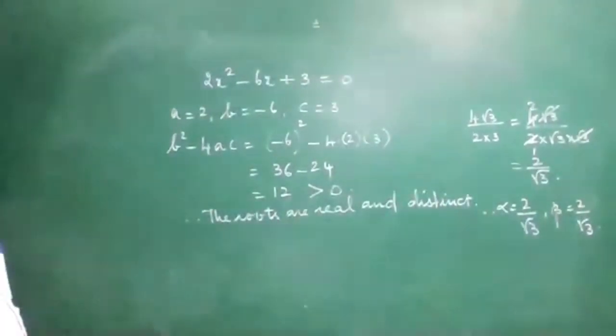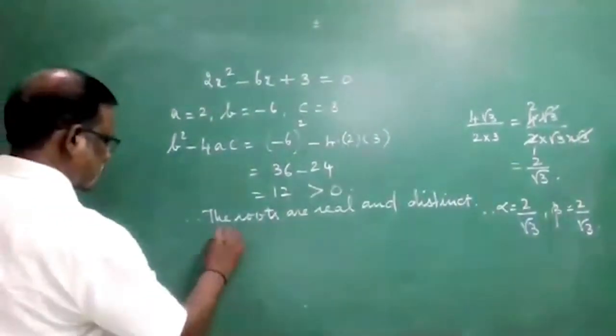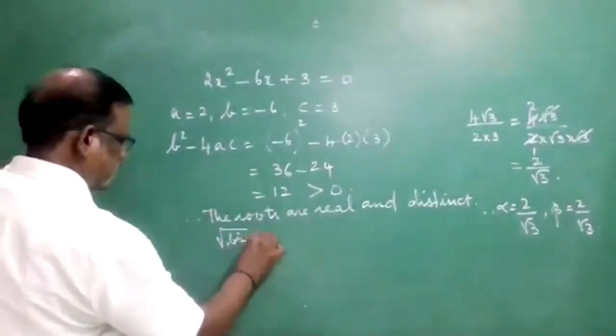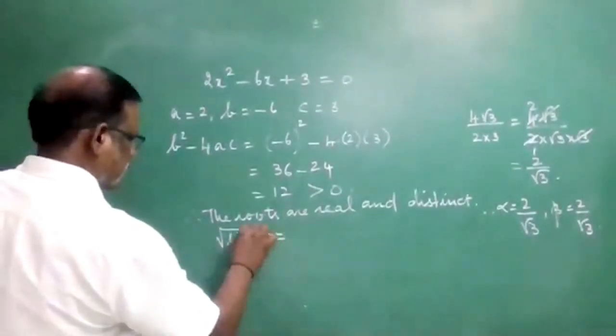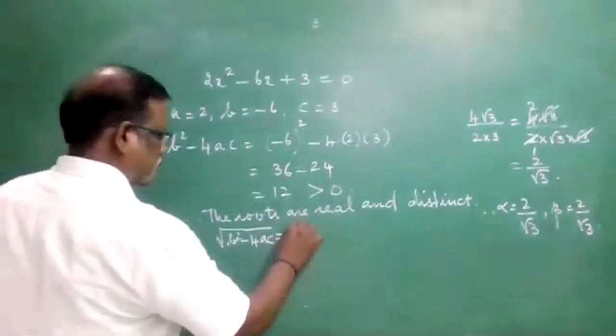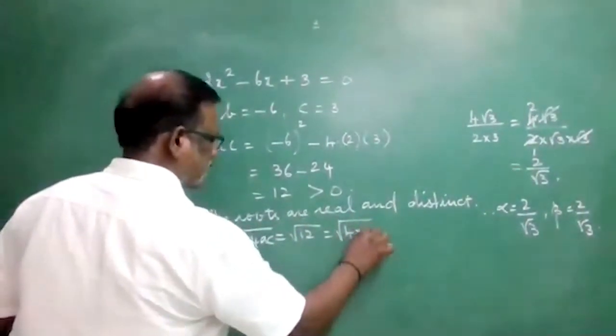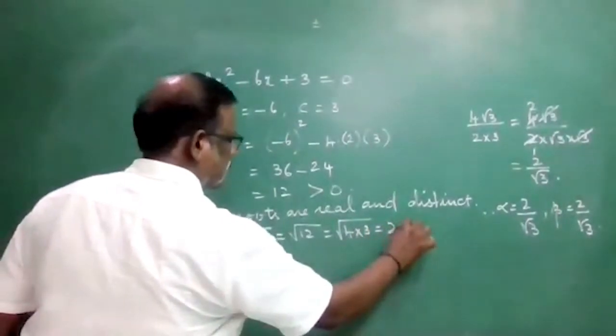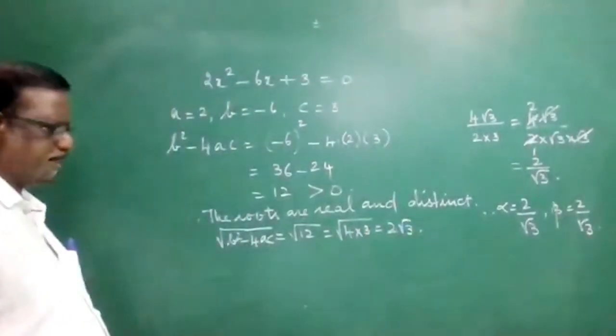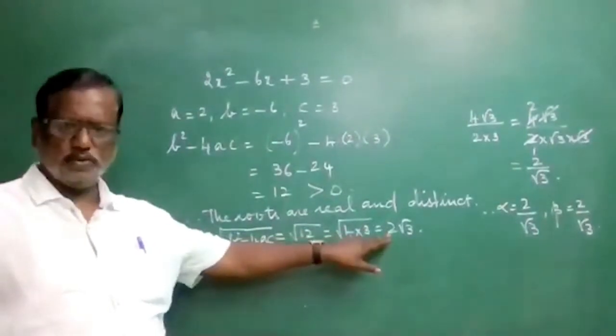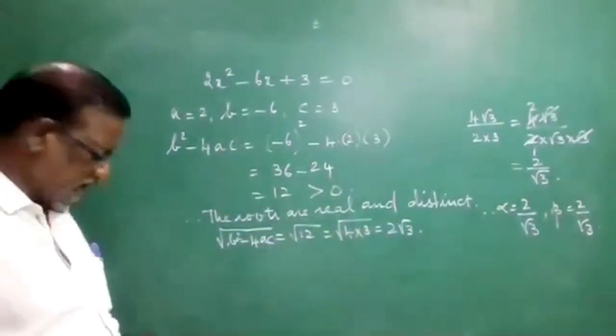Now we'll proceed with taking the square root. So square root of b square minus 4ac is equal to square root of 12. This I can write as 4 3s are 12, therefore I write it as 2 root 3. So square root of 4 is 2 and the root 3. Now let us write the roots here.